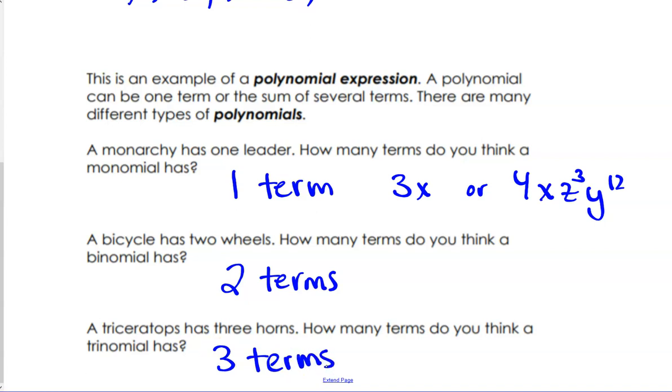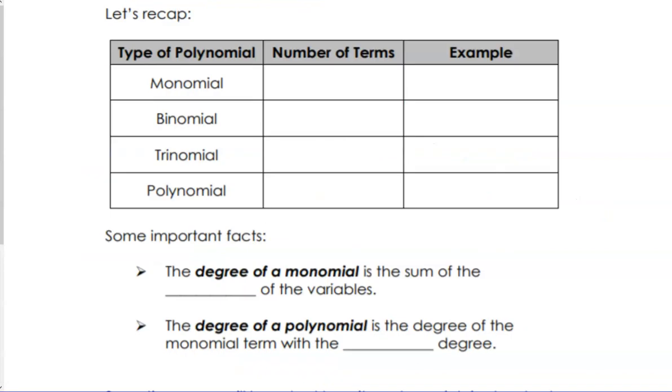All right, so we have a little chart we're going to fill. Type of polynomial: we have monomial, binomial, trinomial, and polynomial. We just talked about how many terms they have. A monomial has 1 term. We used the example before, like 3x squared.